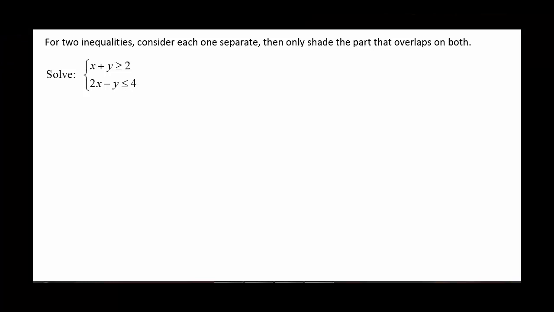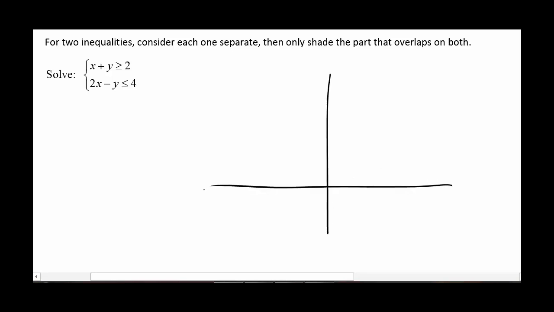All right, so looking at each inequality independent of each other, we're going to do this sort of simultaneously at the same time. So looking at x plus y is greater than or equal to 2. So first task is to find the intercepts. So if I essentially put a 0 in for each variable, I get x is 2 and y is 2.